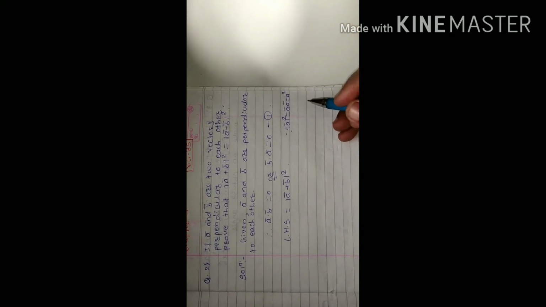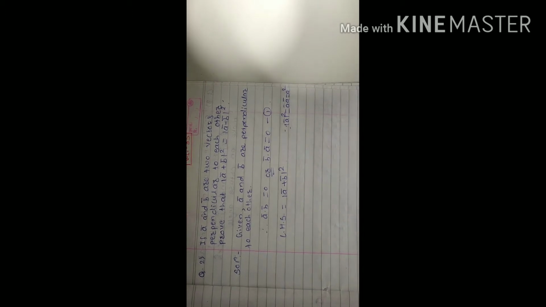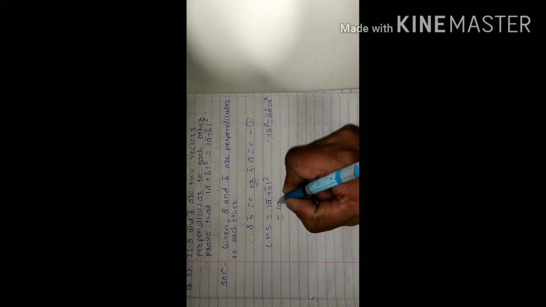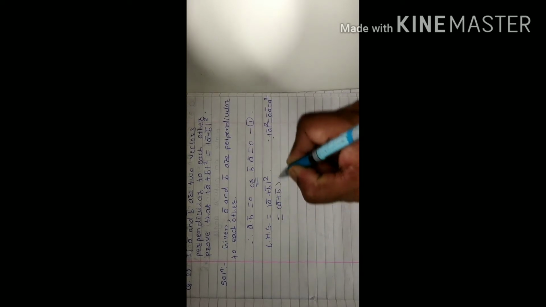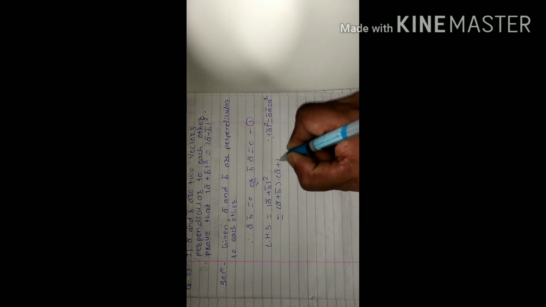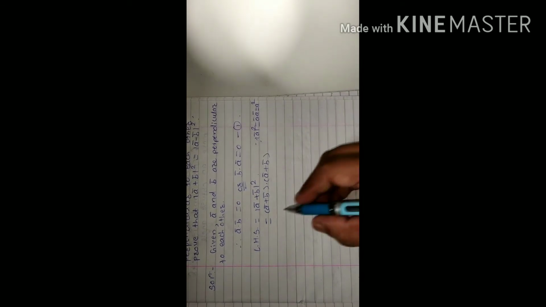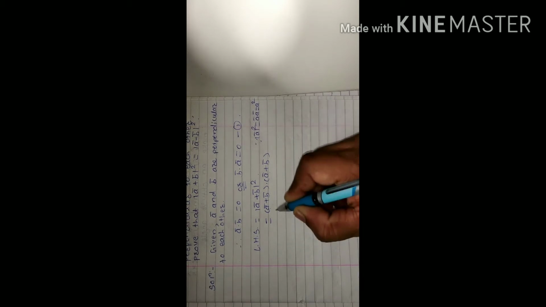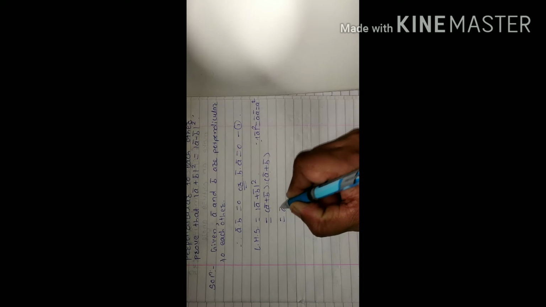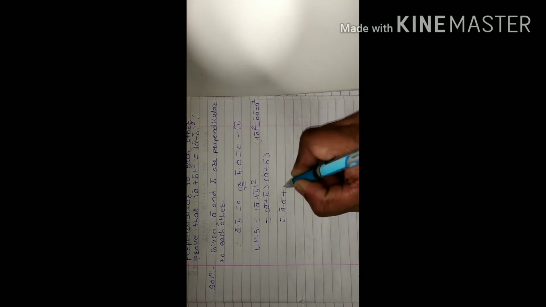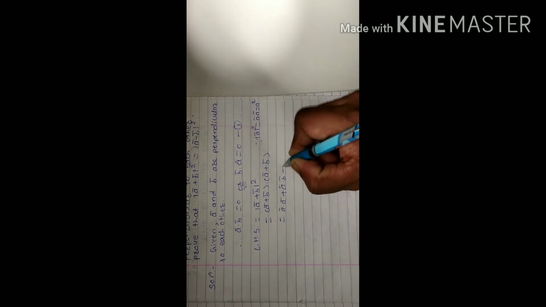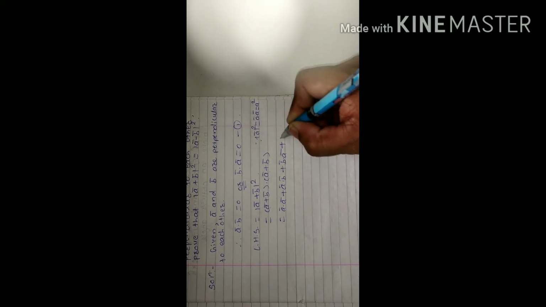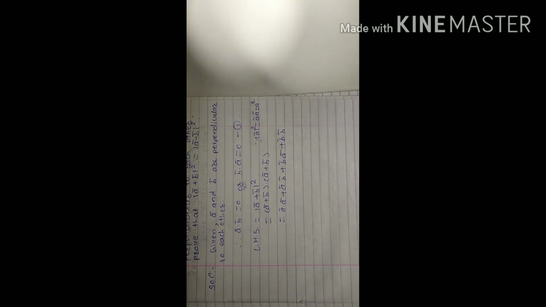With the help of this property, we write modulus of a bar plus b bar square is equal to, in brackets, a bar plus b bar into a bar plus b bar. Then we multiply: a bar dot a bar plus a bar dot b bar plus b bar dot a bar plus b bar dot b bar.